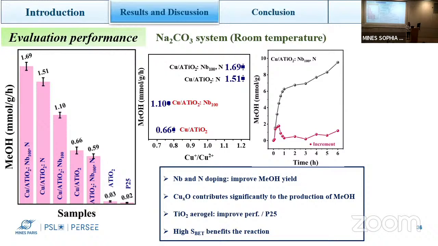When we are looking at your materials, you have copper, nitrogen, and niobium, and maybe you can try to make some small calculation and normalize to one quantity of material to see if there is some synergic effect or only an additional effect. Yes.